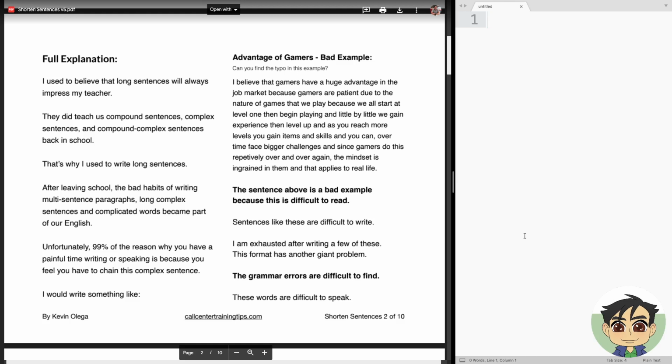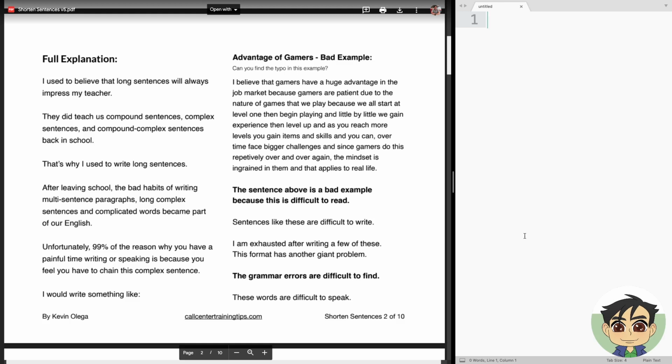So after leaving school, the bad habits of writing multi sentence paragraphs, long complex sentences, and complicated words became part of our English. Now, unfortunately, 99% of the reason why you have a painful time writing or speaking is because you feel that you have to change this complex sentence.